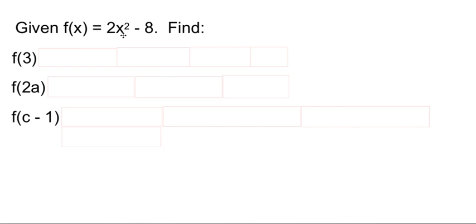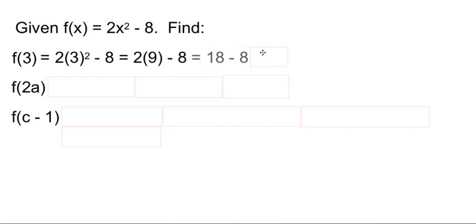Well, if x equals 3, we're going to plug that in. 2 times 3 squared minus 8. Now we have to excuse our dear Aunt Sally. 3 squared is 9. 2 times 9 is 18 minus 8 gives us an answer of 10.